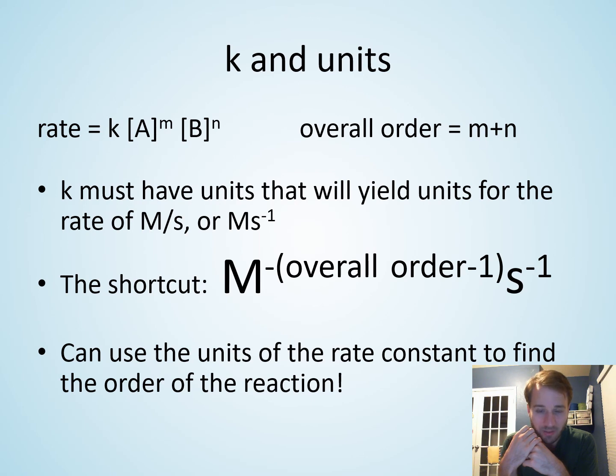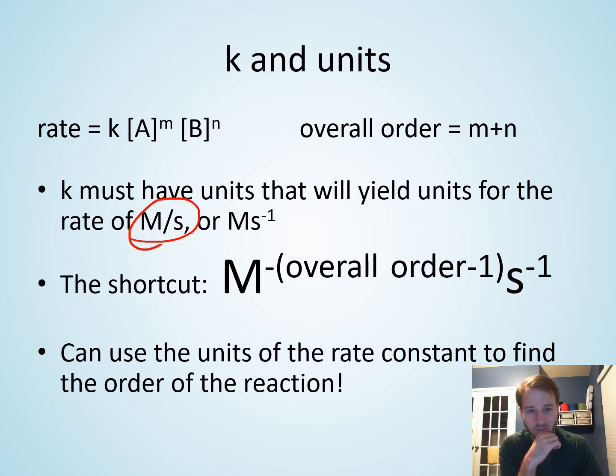So finally, talking about these rate laws, we've talked about this rate constant k, okay. Now the units of k depend on the rate law. k does not have some set of units that is the same no matter what. The units of k depend on that specific reaction and that specific rate law, okay? And basically the units of k are whatever they need to be to make sure that the rate has units of molars per second, okay?